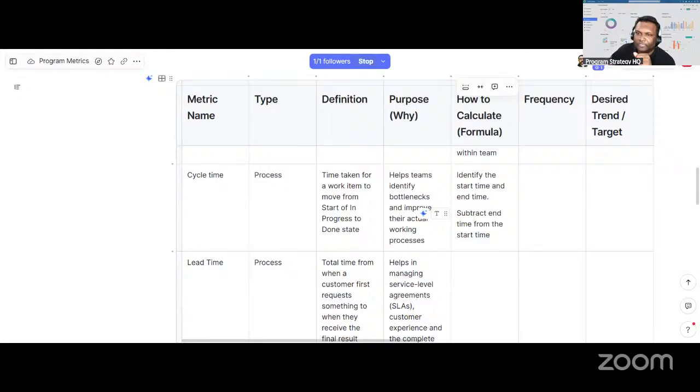So what we are saying is that cycle time is for a typical process, and this process should be for standardized types of work items. This is a Kanban board, so the tickets would be, for example, a typical kind of defect that keeps coming. For all those we can have one cycle time.